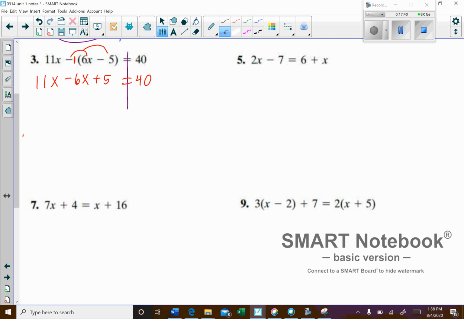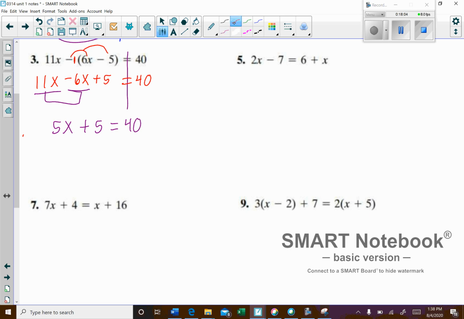Okay. So then what I have going on here is I do have like terms right here. So I can go ahead and do 11x minus 6x. So you have 11 of them, and you're going to take away 6 of them. So that will leave me with 5x. And then I have that plus 5 right there equals 40.